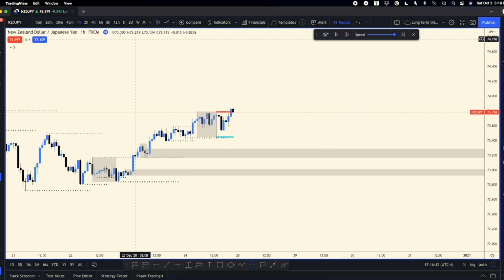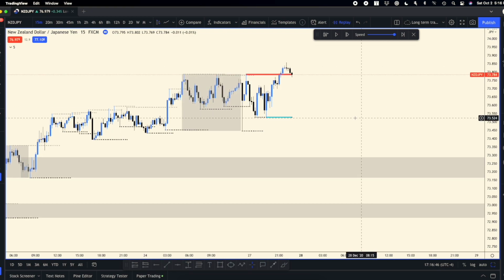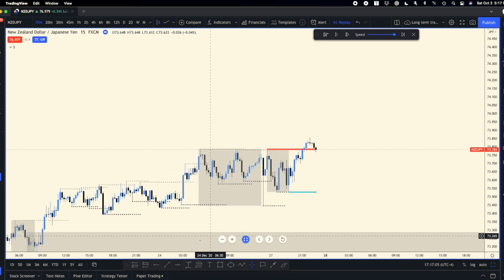I'm about to do it again. Go down to the 15 minute. So I do see, right, MB here, same MB. It didn't become valid until it broke above, but we're good.